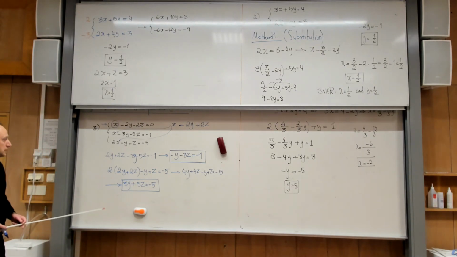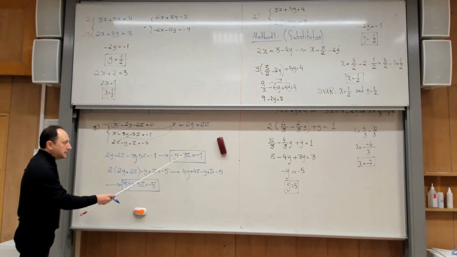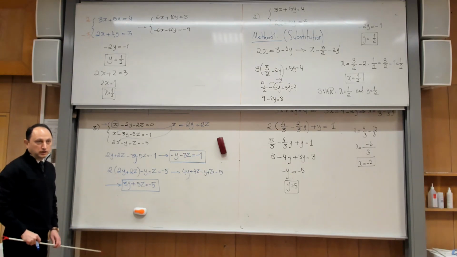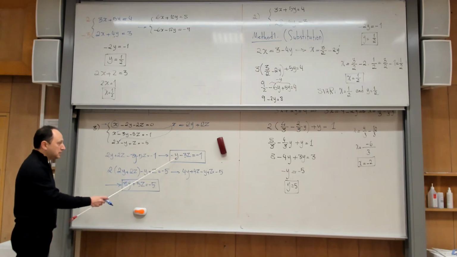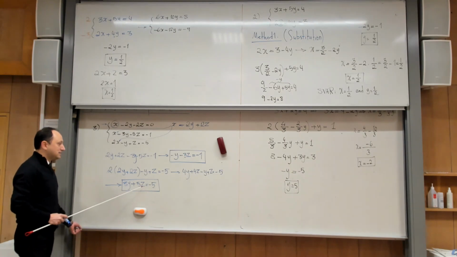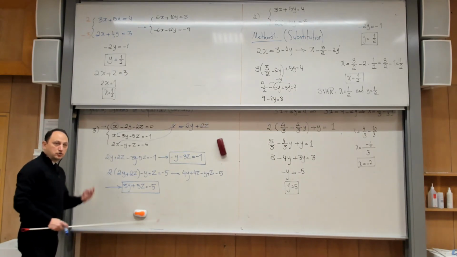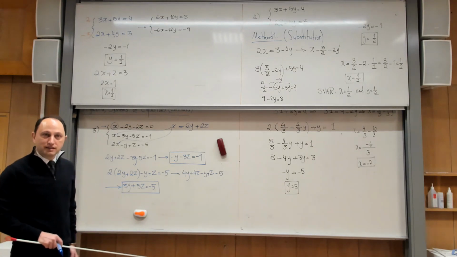So now you see that I cannot solve this alone because I still have two unknowns left. But considering this and this simultaneously, it is still a system, but in two equations and two unknowns. So you see that it becomes really tedious.